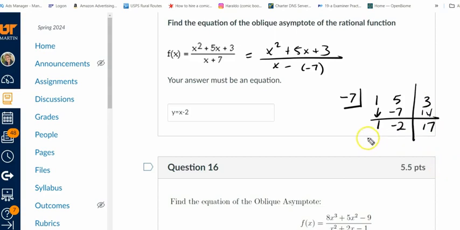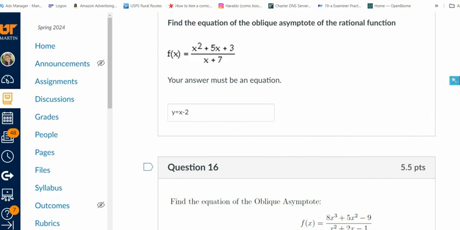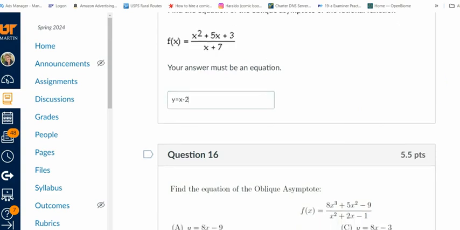And so the quotient, these are the coefficients of the quotient. Where the line is, there's your constant and there's your coefficient for x. So the oblique asymptote is y equals the quotient. So y equals 1 times x, which is x, minus 2. And you get the same answer. So either way would have done that. Okay, let's keep going.